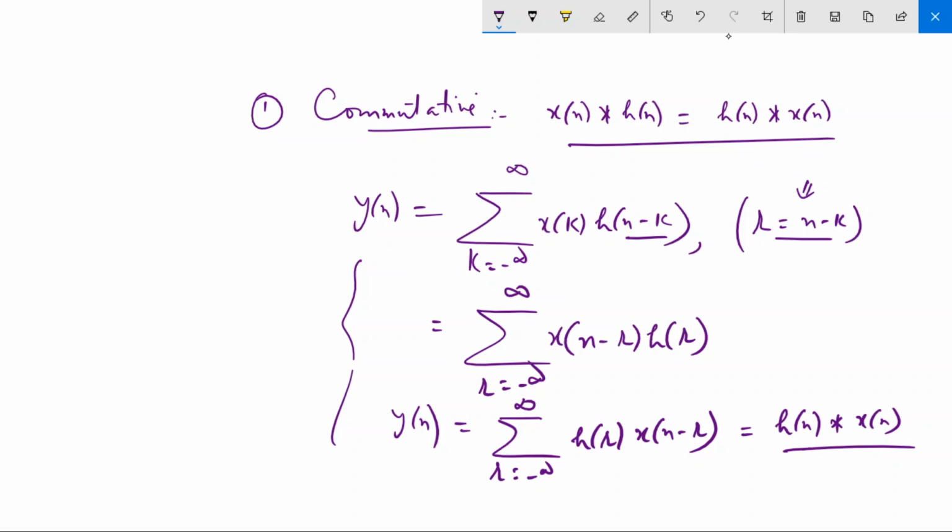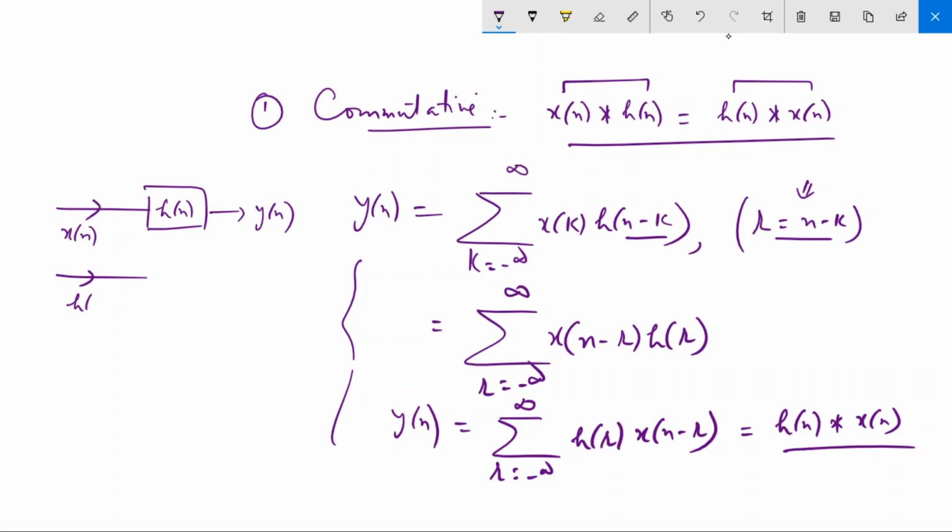Okay, it means either you find the convolution of x[n] with h[n] or h[n] with x[n], you get the same output. So if you have an input x[n] and the impulse response is h[n], you get output y[n]. In place of this, if you take the input as h[n] and the impulse response as x[n], you will again get the same output.